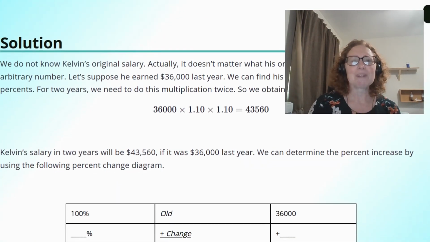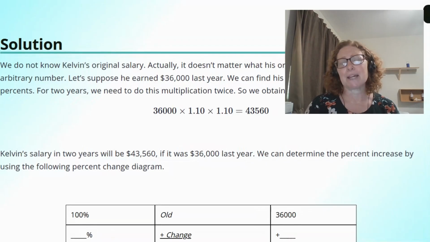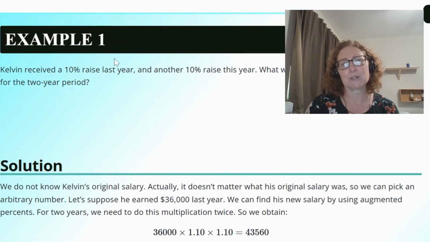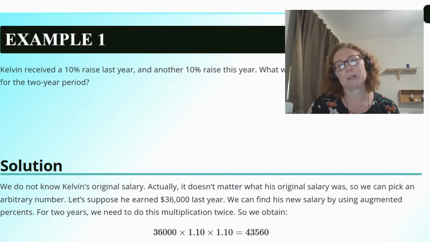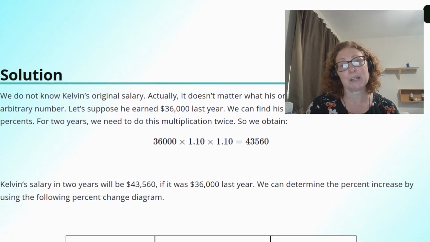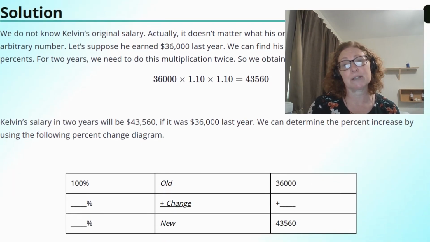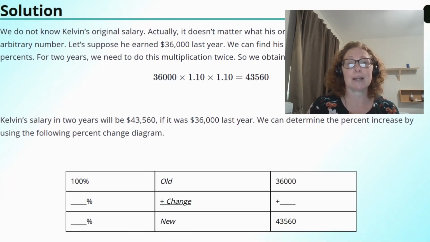In this example, it doesn't have an original salary, and you think, what the heck am I supposed to do? Well, we're going to just put in a number, and we're going to figure it out from there, because we don't need to know it to get the right answer.